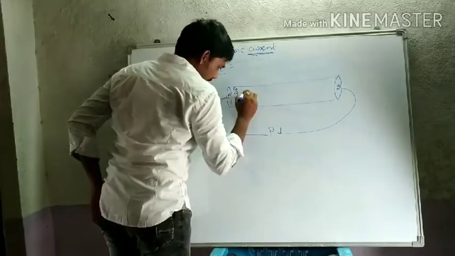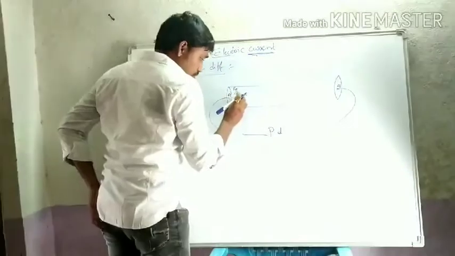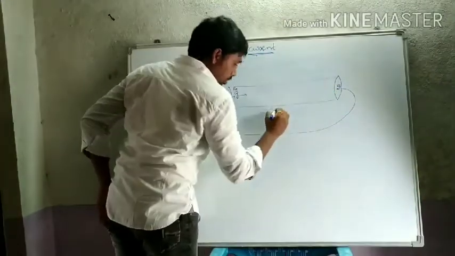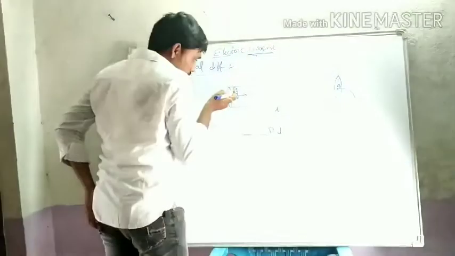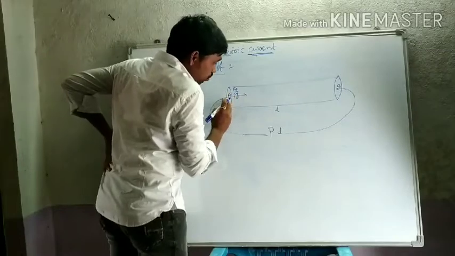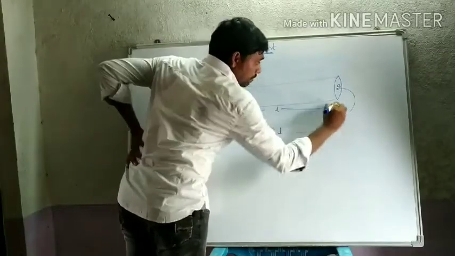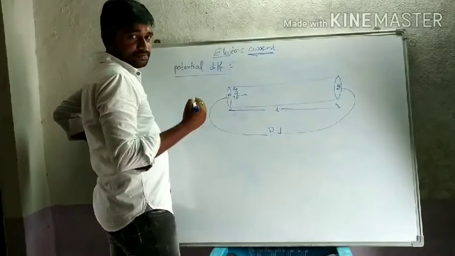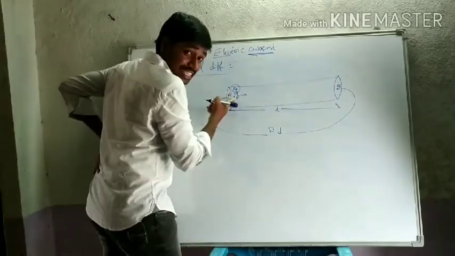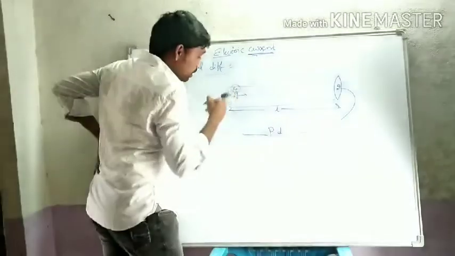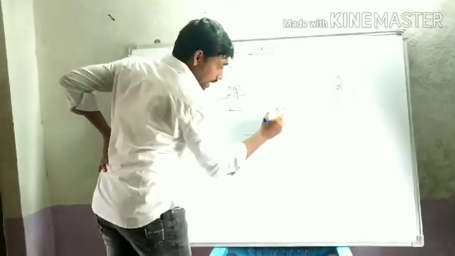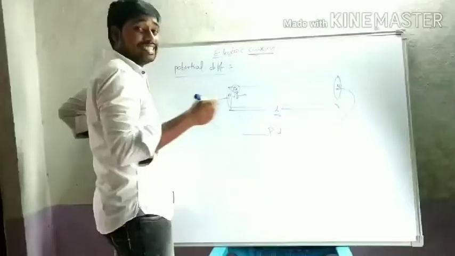Due to the electric force, the Q positive charge moves from point A to point B through a length L. Due to the force applied on the charge, some work is done, because when a force is applied on a body and it moves through a length L, it does some work.